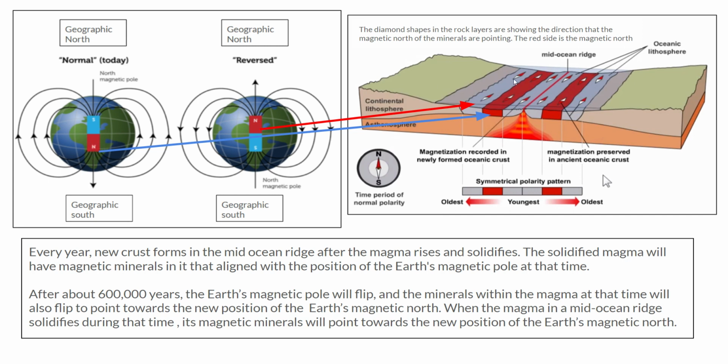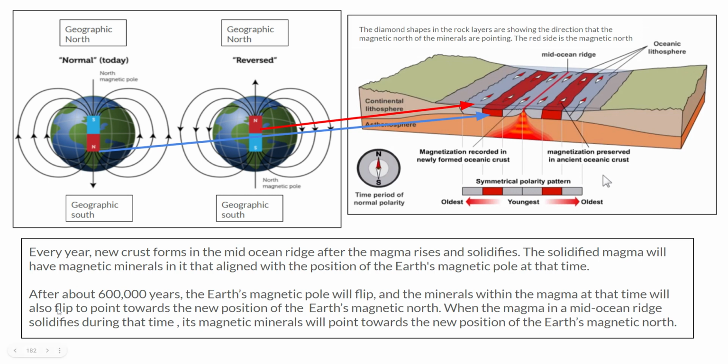So this image is kind of showing that. Let's see. The red part is the north end of the minerals, right? The north end of the minerals will point to the Earth's magnetic north during that time.